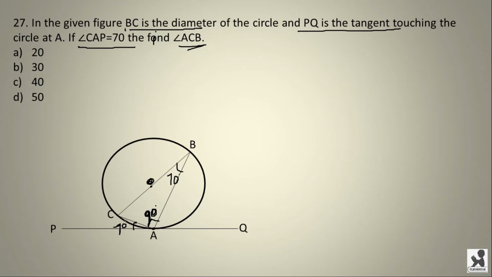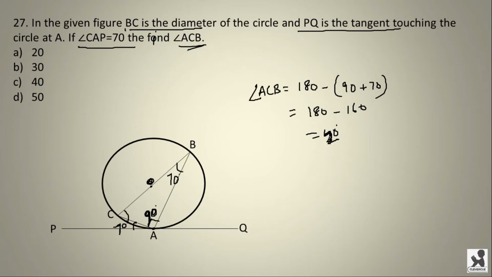Now angle ACB is equal to 180 degrees minus (90 plus 70), because ACB is in a triangle. So we get 180 minus 160, which is equal to 20 degrees. 20 degrees is the right answer, option A.